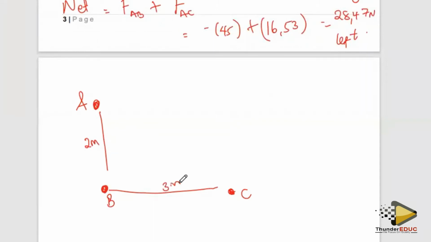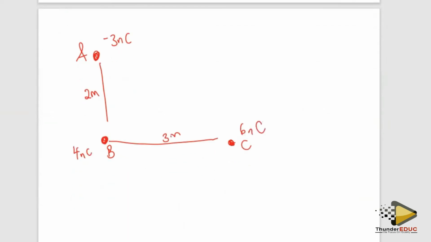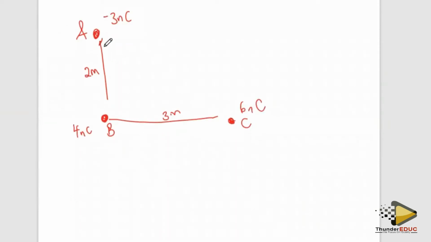I'll call this 3 meters, just to make it easy. So I'm going to call this negative 3 nanocoulomb. I'll call this a positive 4 nanocoulomb, and then I'll call this positive 6 nanocoulomb. Okay. Now, if this is the case, and then they ask us to determine the net electrostatic force.